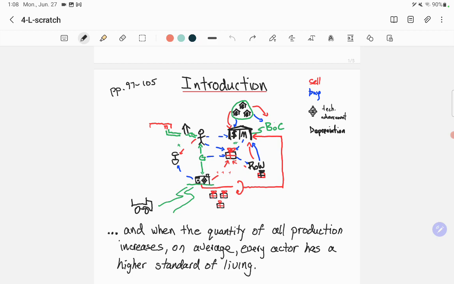That was chapter 2. Chapter 3 is about determining prices. That's microeconomics.